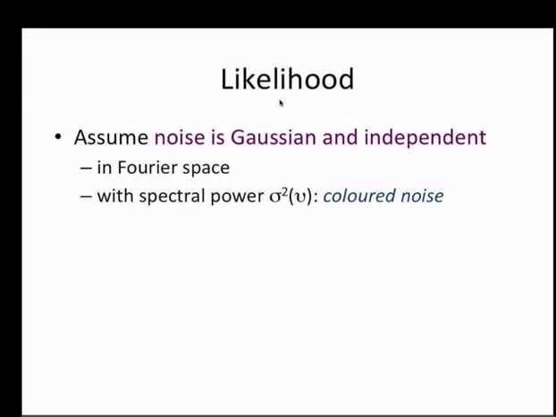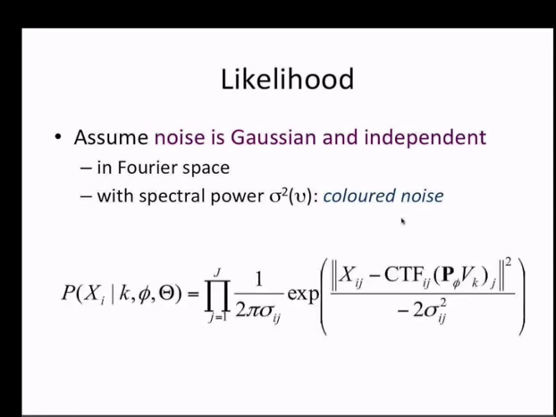Relion assumes that noise is Gaussian and independent between different Fourier components of the experimental images. And because you work in Fourier space, you can estimate the amount of noise for each Fourier pixel as a function of the spatial frequency nu. And that way you can actually model noise that is correlated in the real space domain.